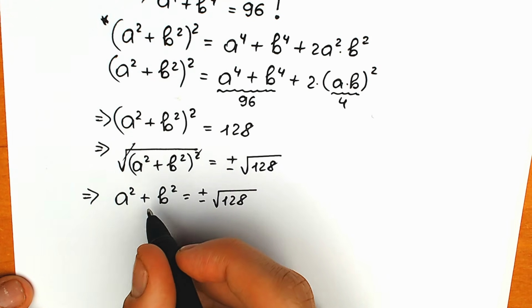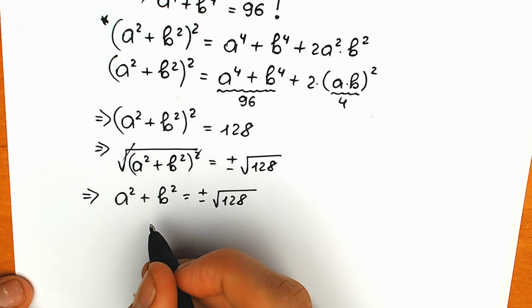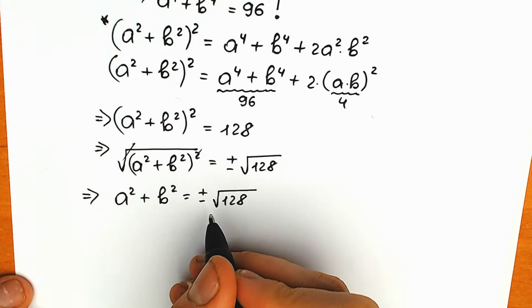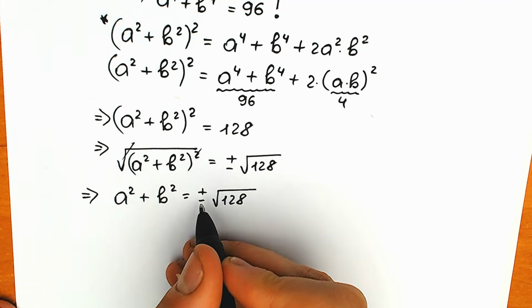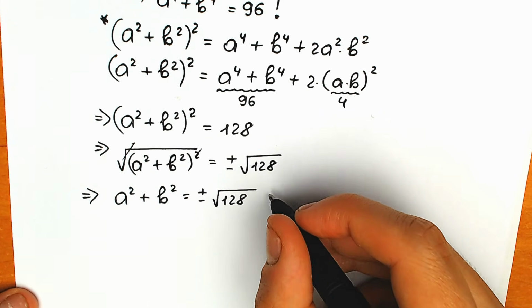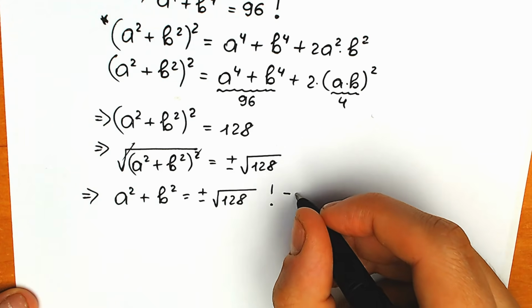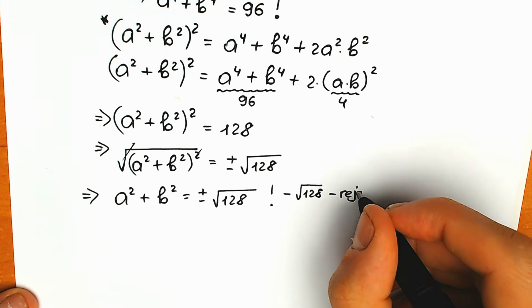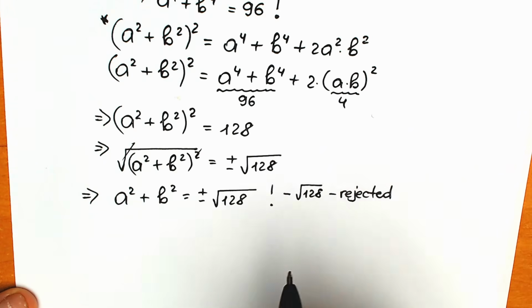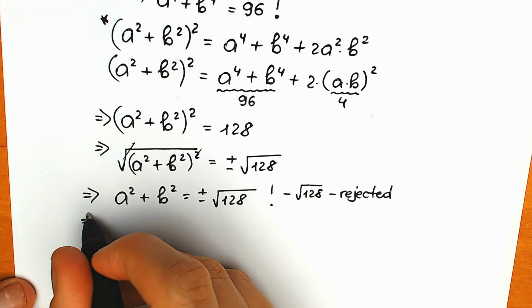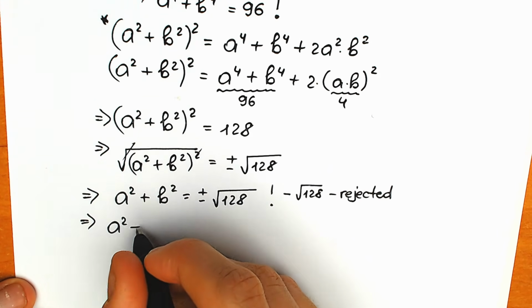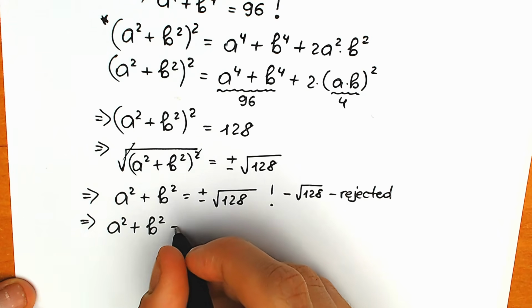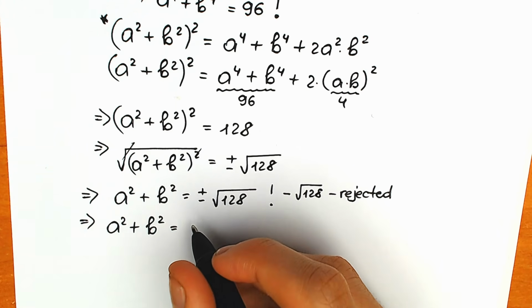So if we're talking about the sum of two positive values, there is no way this expression will be negative. Okay, so we reject this negative. Minus square root of 128, we reject. This expression is rejected. So a square plus b square equal to square root of 128.